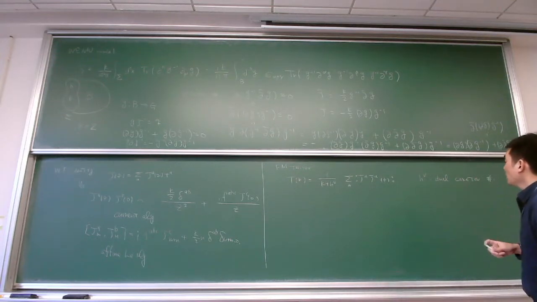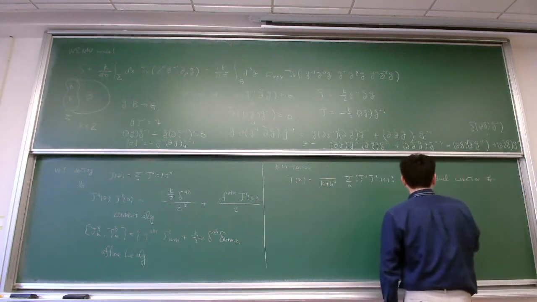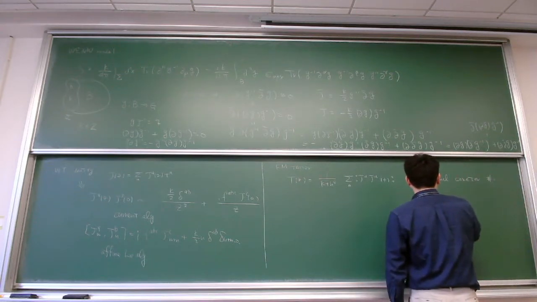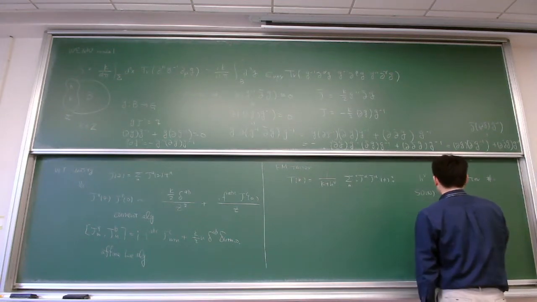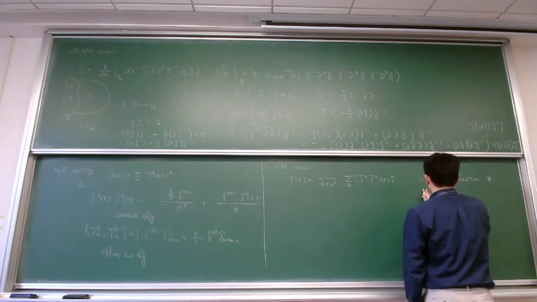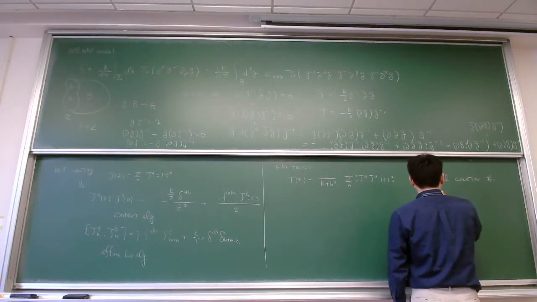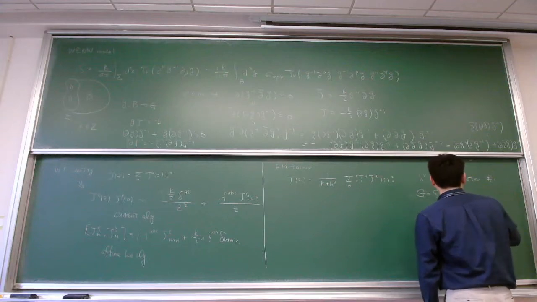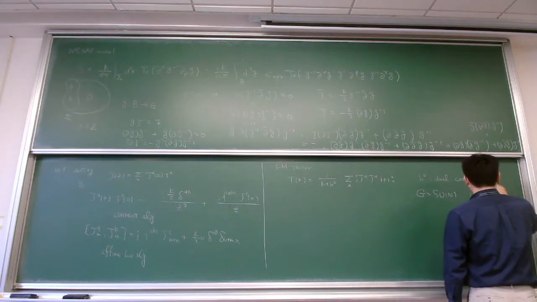Unfortunately I don't remember the Coxeter number for general G, but in the case of G equal to SU(N), H hat is equal to N.